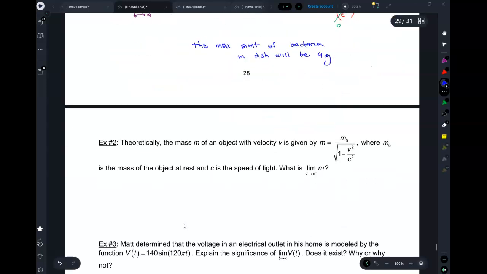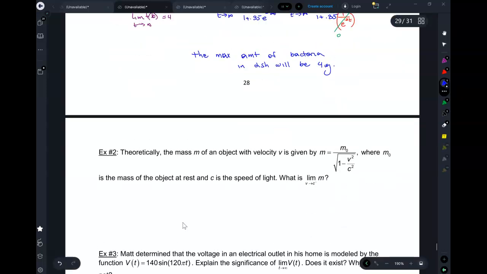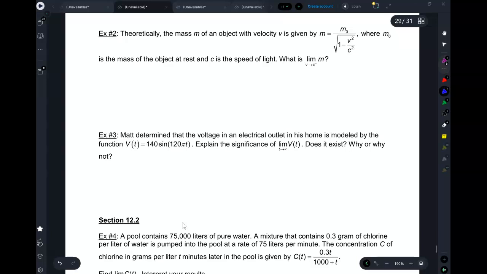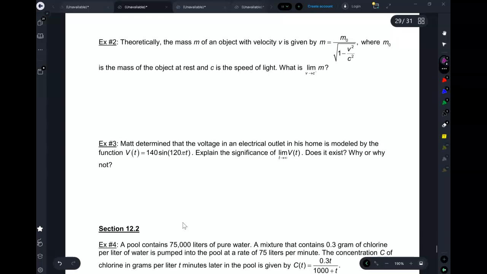All right. So, okay, we've seen this one, right? We've seen this problem from the homework, remember? Okay, so this is the mass of an object with velocity v. We know m naught is the mass of the object at rest. So whatever mass this has, that's m naught. But if this was flying at the speed of light, it would have different mass. That's what this says.